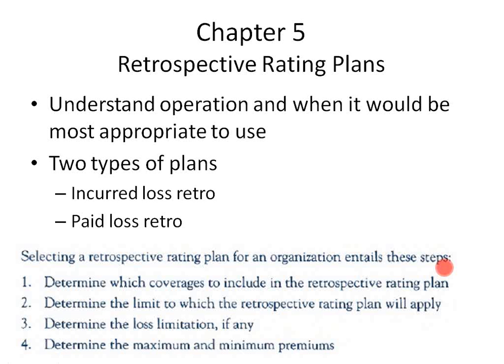There are two types of plans, an incurred loss retro and a paid loss retro. If you remember from the class, incurred is what's been paid and also reserved, so you're paying for the estimate of what that claim is going to be, whereas with a paid loss, it's when those payments are actually made.